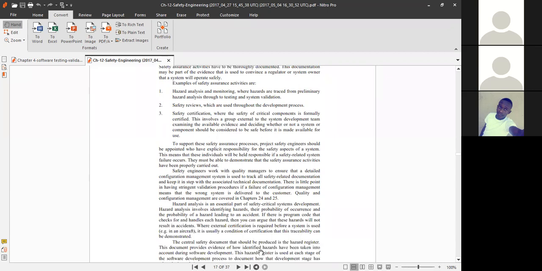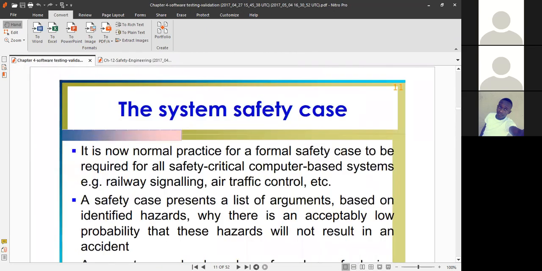The system safety data, this one particularly, safety assurance.